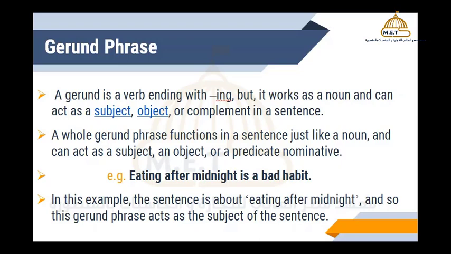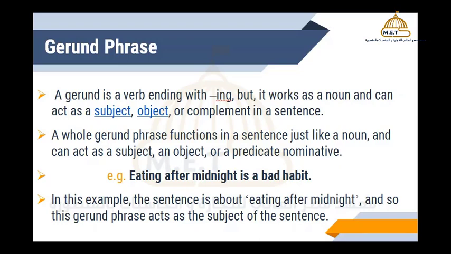So eating after midnight is the gerund phrase, which is a subject, is the verb, and habit is the object. So analyzing in this example, the sentence is about eating after midnight, and so this gerund phrase acting as the subject of the sentence.